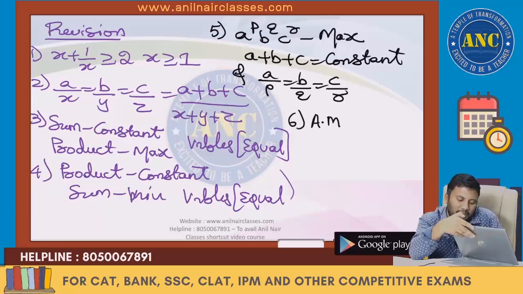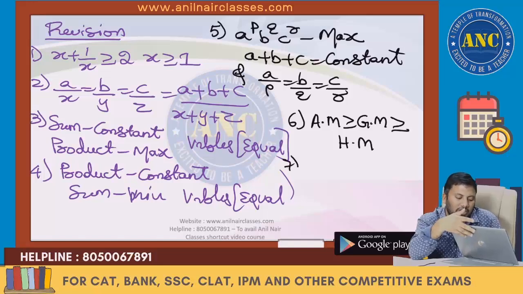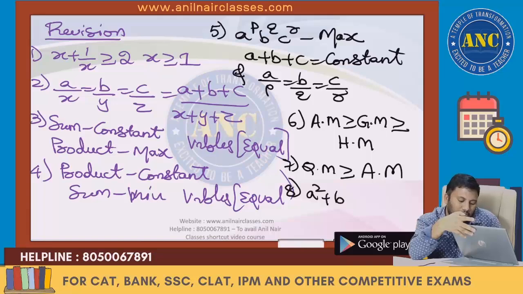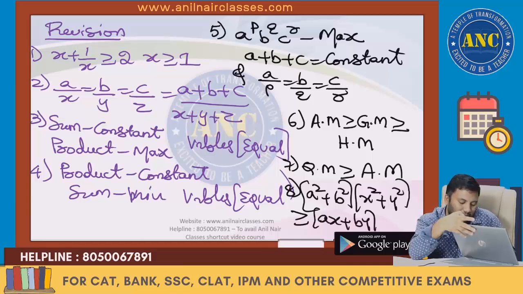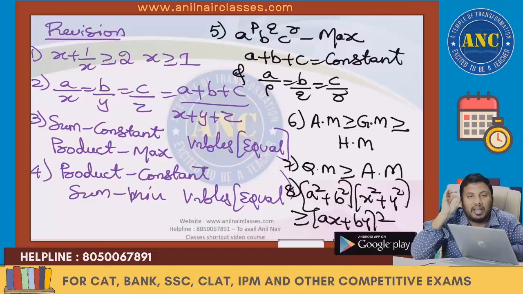Sixth concept: AM greater than or equivalent to GM greater than or equivalent to HM. Seventh concept: quadratic mean greater than or equivalent to arithmetic mean. Eighth concept: (A square plus B square) into (x square plus y square) greater than or equivalent to (ax plus by) whole square.